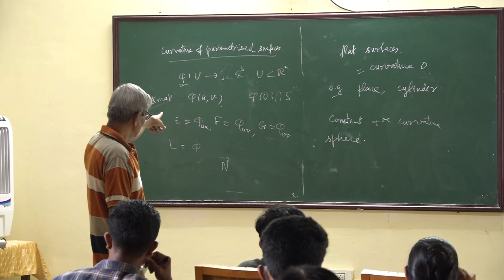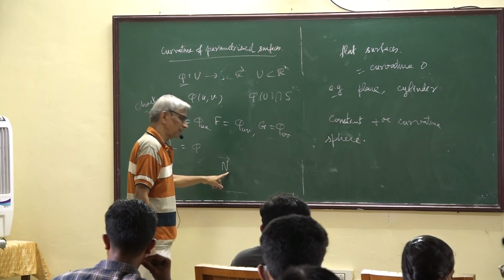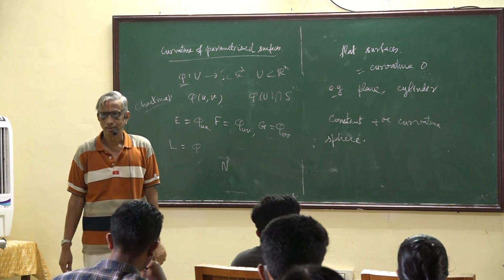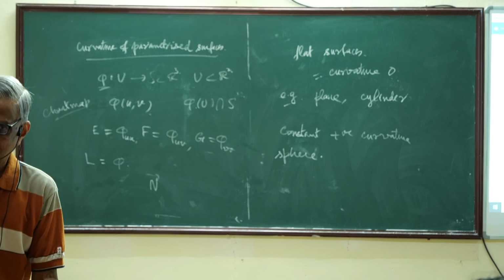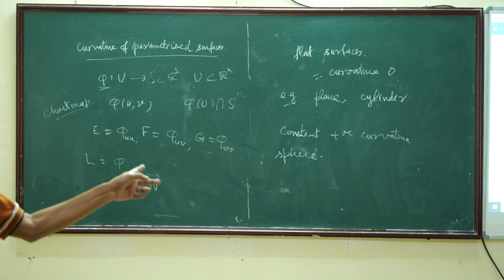The coordinate patch phi and the derivatives of n. So phi uu dot n, phi uv dot n, and so on. So phi vv dot n, etc. So these are called L, M, and N.